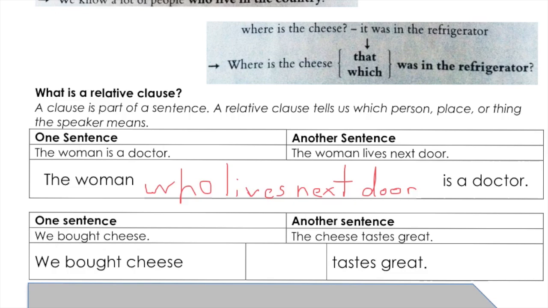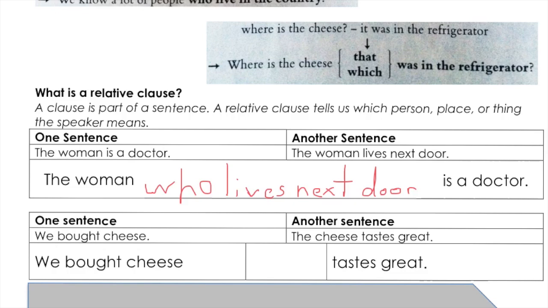So with these two sentences, we're going to combine them together, the two ideas. In this example, the two sentences are combined with the word cheese. So here we are going to connect this information to cheese. We are not going to use who, we are going to use two different words, and you can use either one, it doesn't matter.